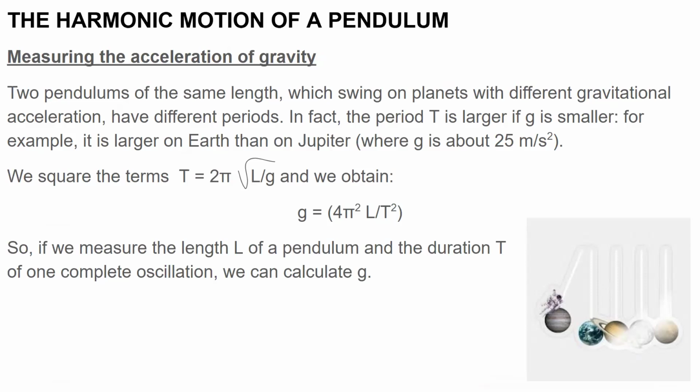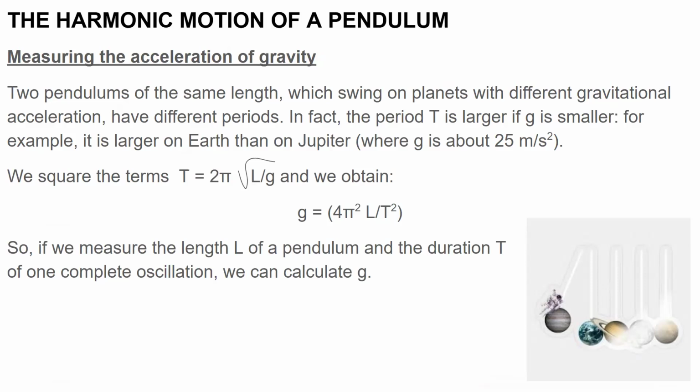We square the terms of T equal to 2 pi times the square root of the ratio between the length of the string and the gravity acceleration, and we obtain g equal to the ratio between 4 pi squared times the length of the string divided by the period of the pendulum squared.